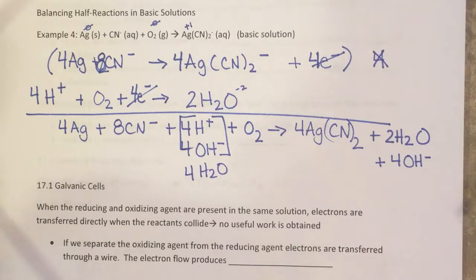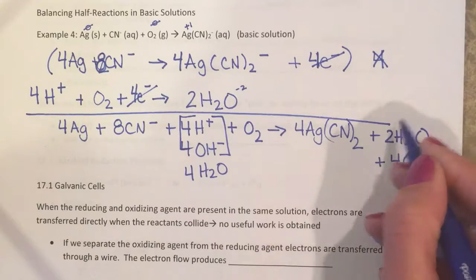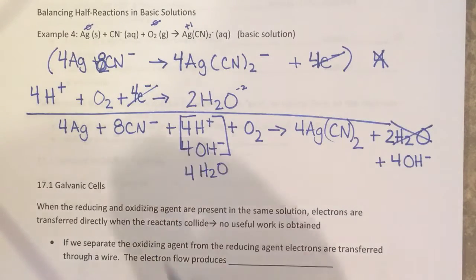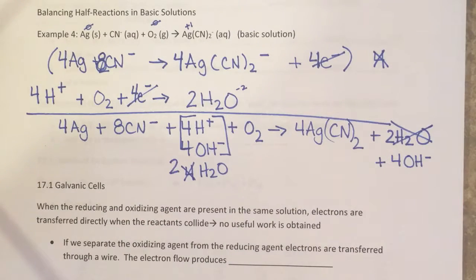Now, just like before, I need to cancel out anything that looks the same on the left and the right. And in this case, the only thing that I've changed is my water. I've got 4 waters on this side, 2 waters on this side. So all of my waters go away over here. 2 of my waters go away over here.